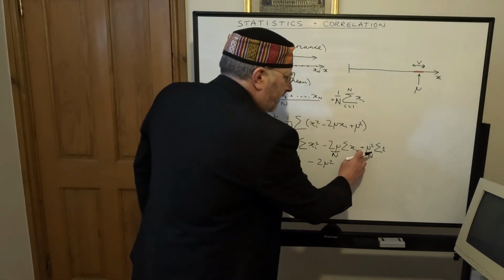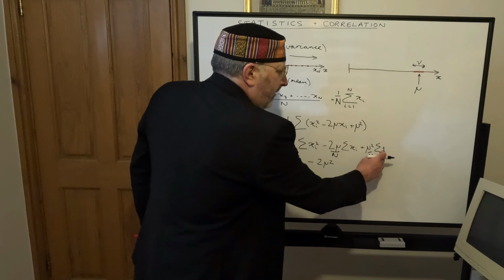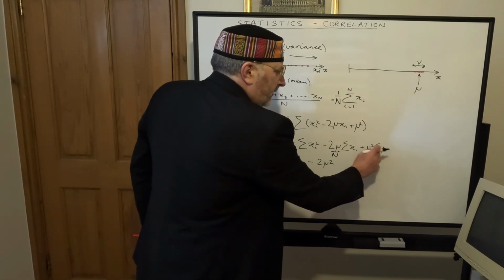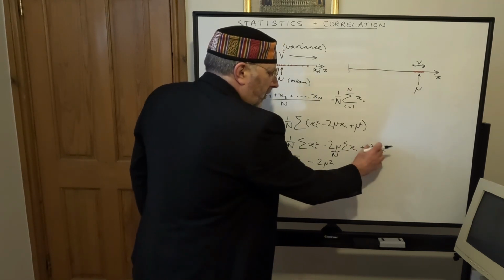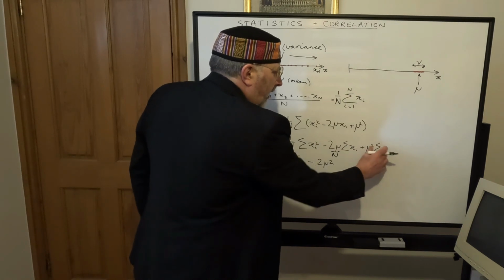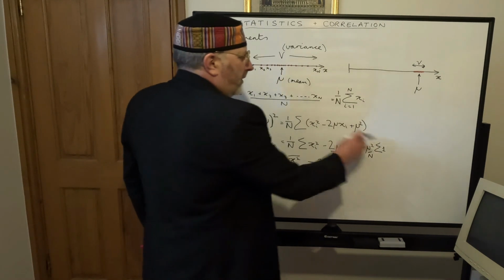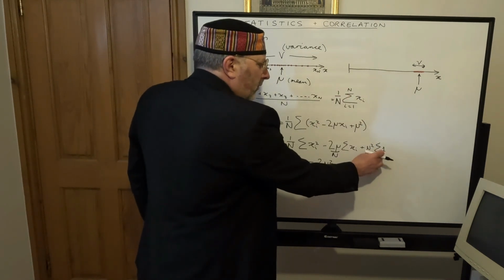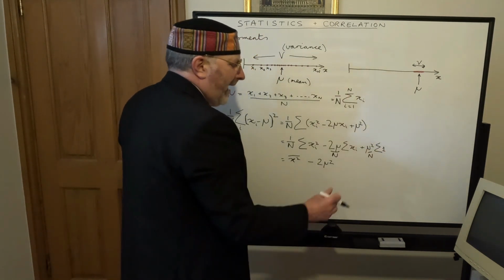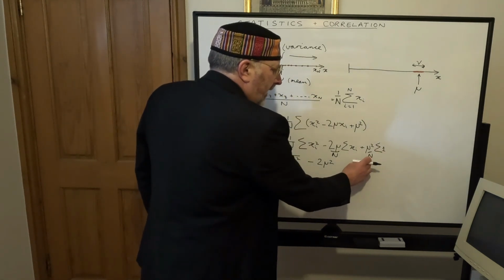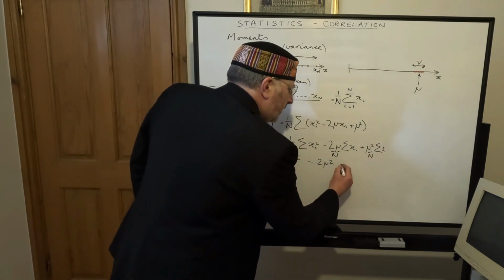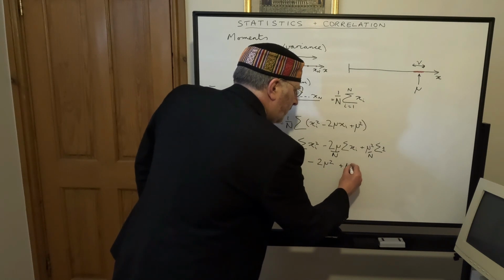And then here we've got mu squared over n, and we've taken the mu squared out because it's a constant from inside the sum. So we're just adding up a load of 1s, and we're adding up n of those because we're summing over n. So n lots of 1 is just n. So that n will cancel that n, and we're just left with mu squared.